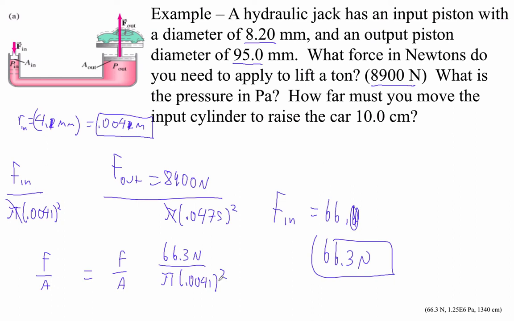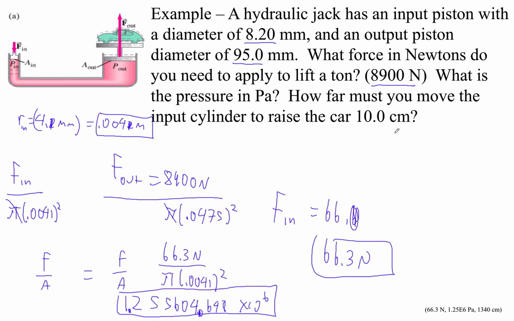And I've got, wow, that's a big number. 1,255,604.648. So let's see, 1, 2, 3, 4, 5, 6. There we go. So that times 10 to the 6th. That's pascals. Remember, just an atmosphere is 1.013 times 10 to the 5th. So that's like 10 atmospheres, a little more, 12 atmospheres or something like that.